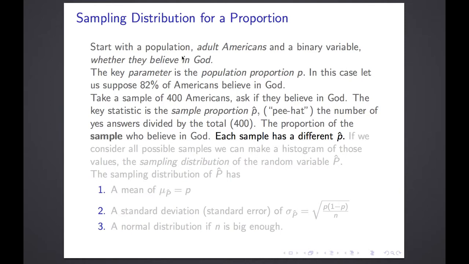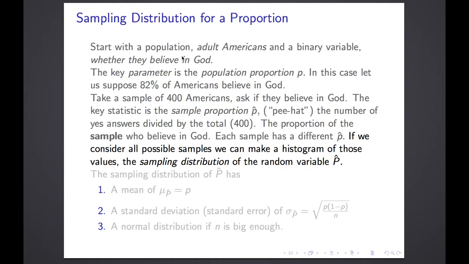Each sample has a different p hat. If you imagine all the possible samples you could take of size 400 of adult Americans and wrote down the p hat for each one, you'd have a huge list of numbers. My question is, if you made a histogram from those numbers, what would it look like?